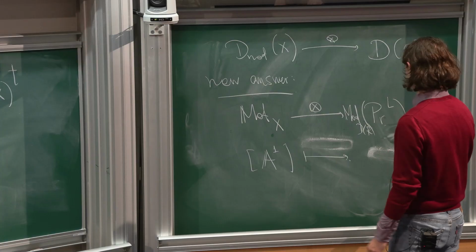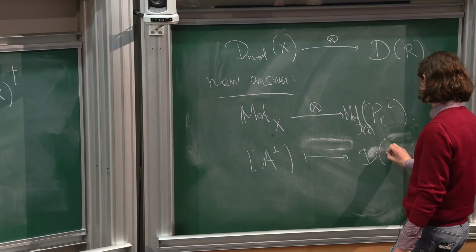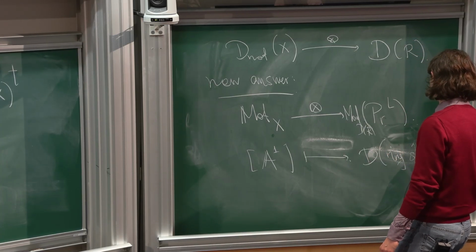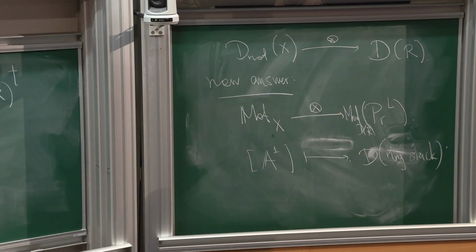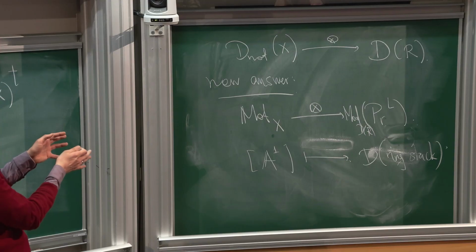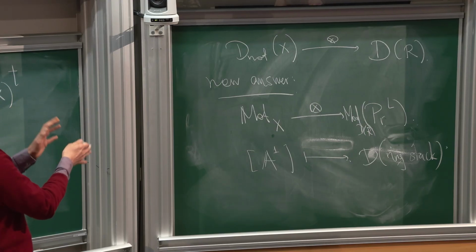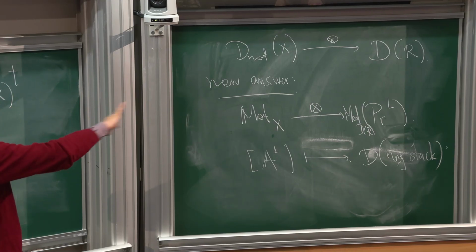And A1 goes to the derived category of a ring stack. I mean, it goes to a commutative algebra object over D of R, the presentable things over D of R. Such things usually come from stacks via some kind of Tannaka duality.